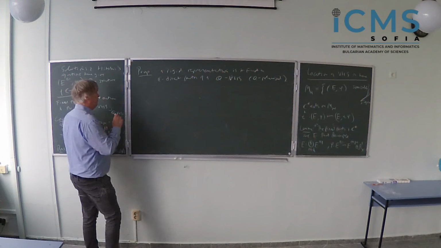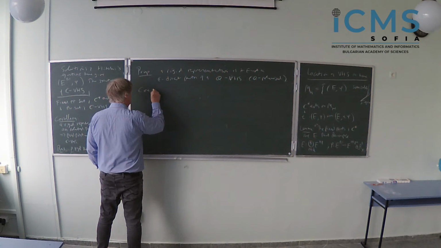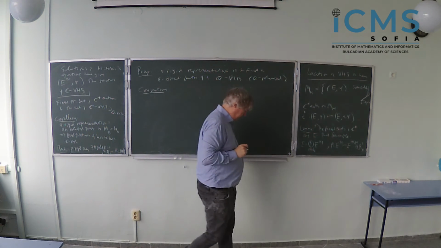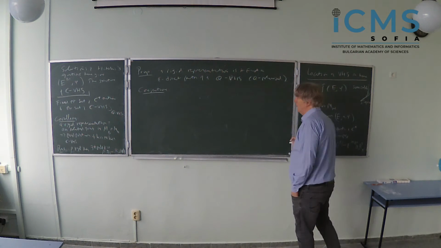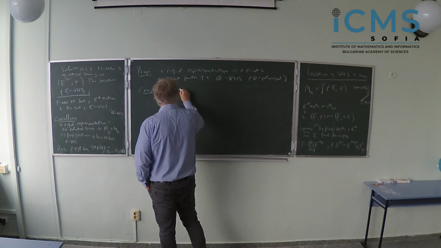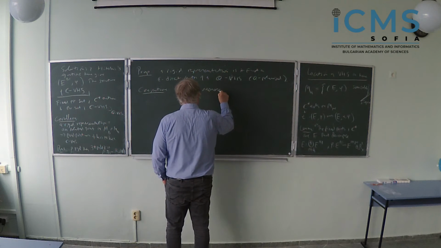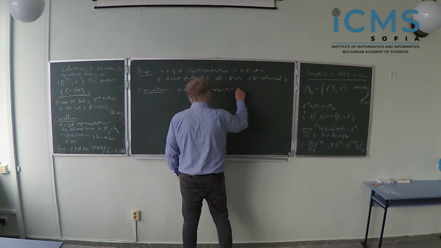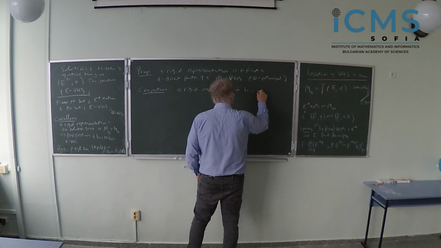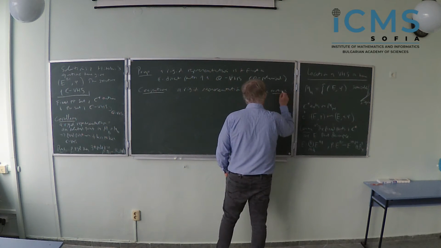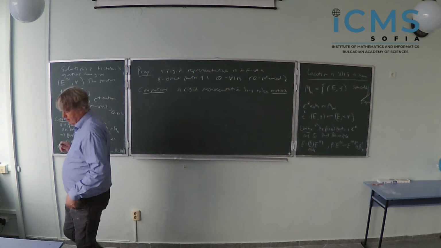Okay, so this is the motivation for a conjecture. The conjecture is that a rigid representation actually has to be motivic. Let me just explain quickly what I mean by motivic.